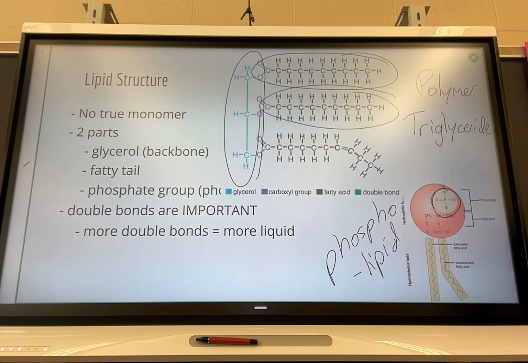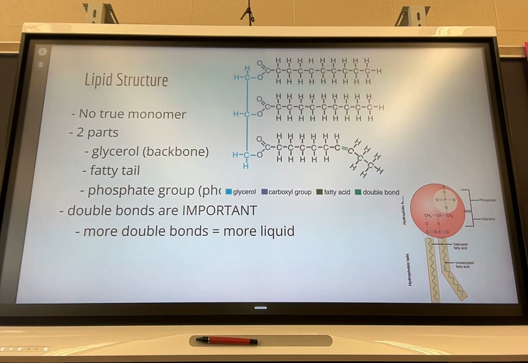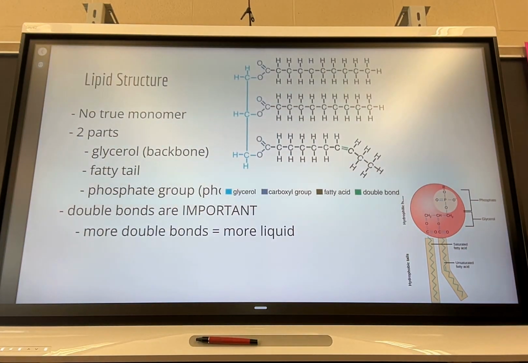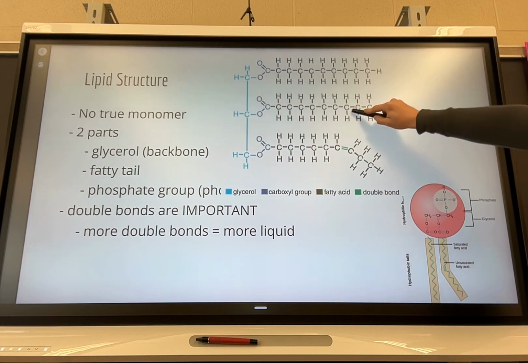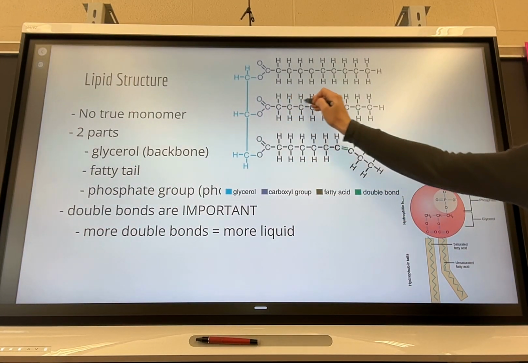But for the polymers of a lipid, the double bonds are going to be really important. They're going to kind of determine what type of a lipid we have. We can have two different kinds. We have saturated fats and we have unsaturated fats. And the difference between these two is based on how much hydrogen is present in the fatty acid tails. So you can see in this one we have two tails that are completely full of carbon and hydrogen.